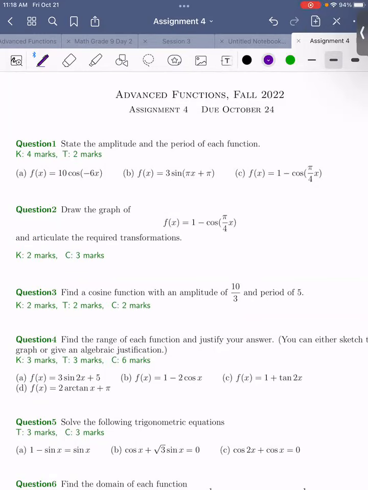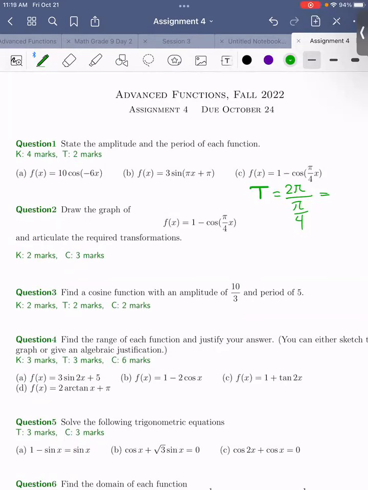Alan, you tell me, what is the period of part C? Part C. 2 pi over 4, right? Which is equal to... pi over 4?